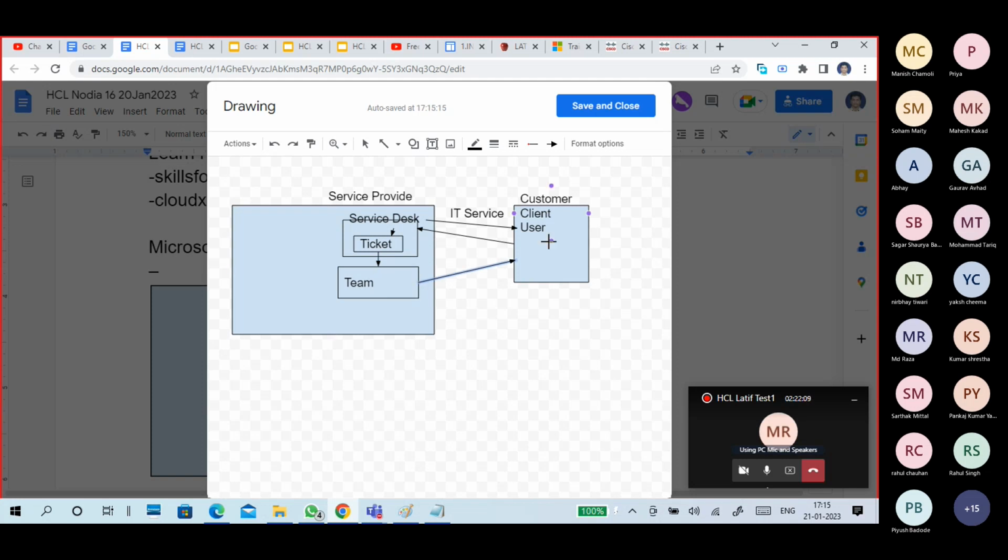So they will try to give support to the customer. Once the customer's issue is resolved, the service desk will close the ticket.